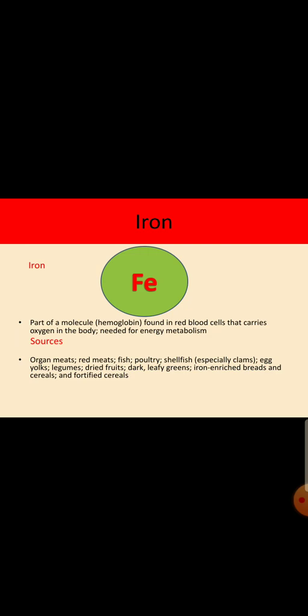So source of iron, this is very important for the content of hemoglobin.